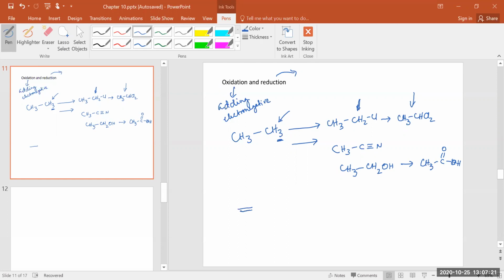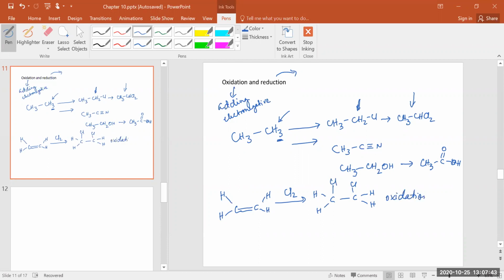If you have a double bond and you add chlorine or bromine, two chlorines will be attached. So what is this one? Oxidation. If you add hydrogen, hydrogenation, so three hydrogens, this will be reduction.